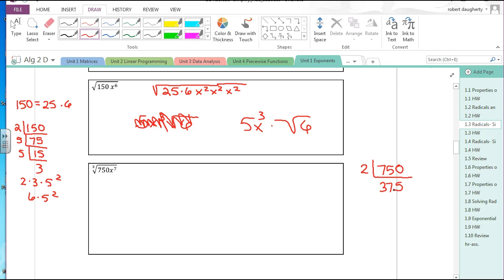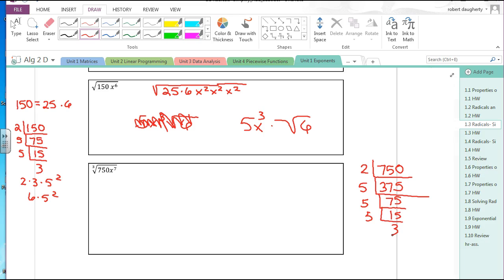Any number that ends in 5 or 0 is divisible by 5. So I'm going to go with a 5. If I divide that by 5, I get 75. Divide that by 5 again, and I get 15? Divide that by 5 again, and I get a 3. Do I see anything that's a perfect cube? Yeah, I see three 5s, right?